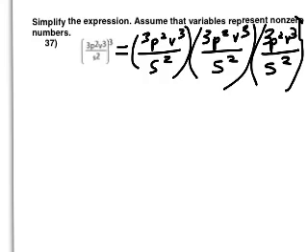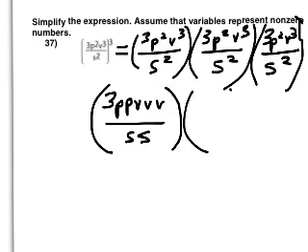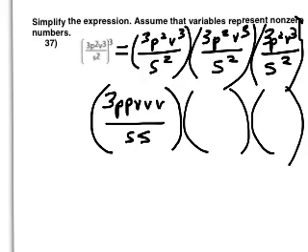Okay, so if we can't figure it out from here, if it's still confusing, we could break it down even more. Maybe we just take one of them and break it down even further to what it is. See, so we've got 3, 2 p's, 3 v's, and that's over 2 s's. Okay, and that whole thing is 3 times. There's 3 of them. So 3 times 3 times 3 is 27. And I could put those in there if I wanted to.